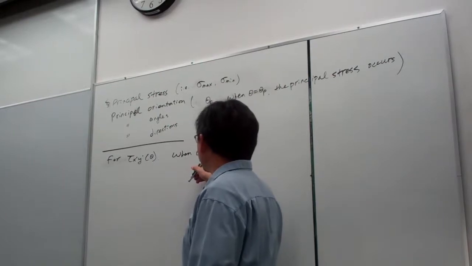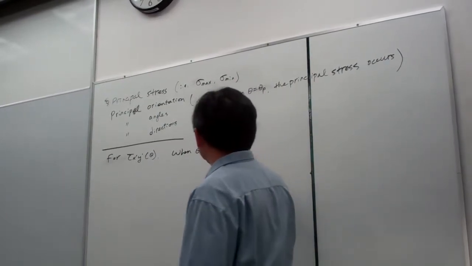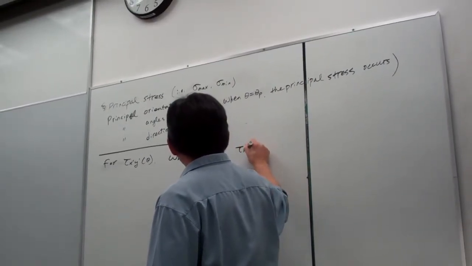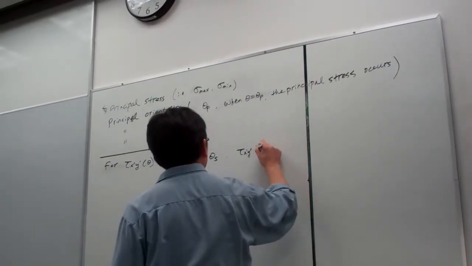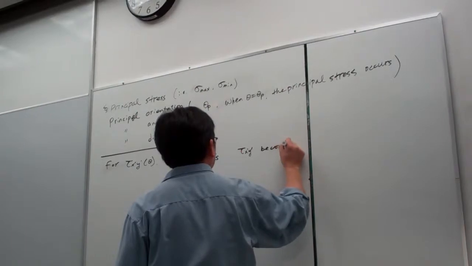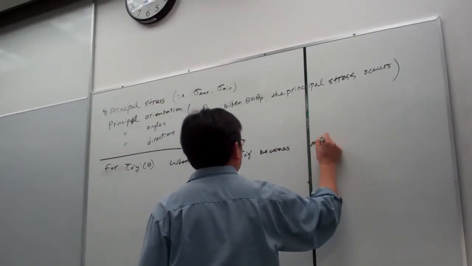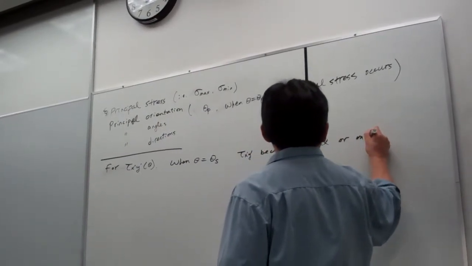When theta equals some special value theta s, then tau x prime y prime will become maximum or minimum.